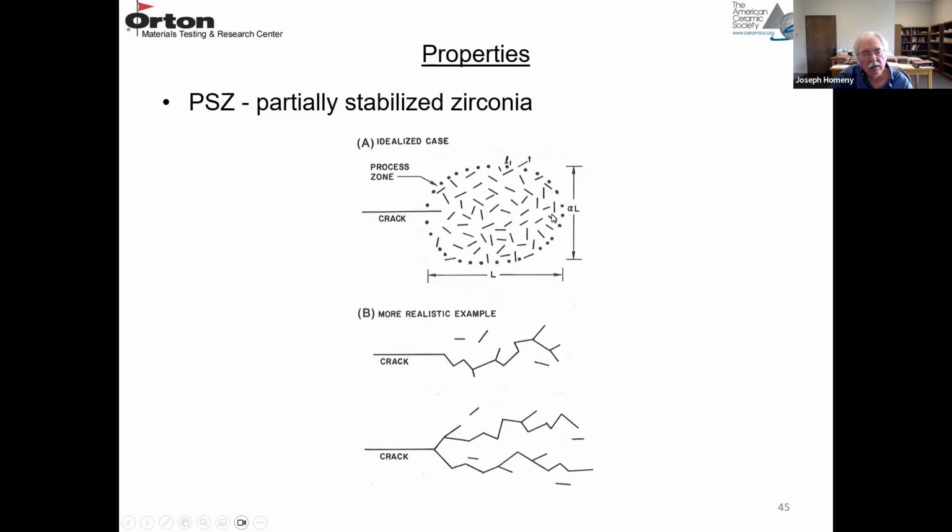That's an ideal case, a uniform distribution of microcracks all growing. But more realistically, these microcracks link up and form larger cracks. So that's the difference between the two partially stabilized zirconias, one with the tetragonal phase, one with the monoclinic phase.